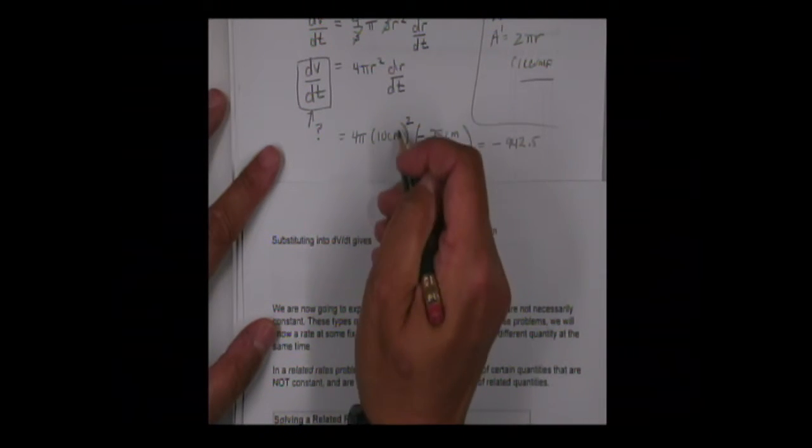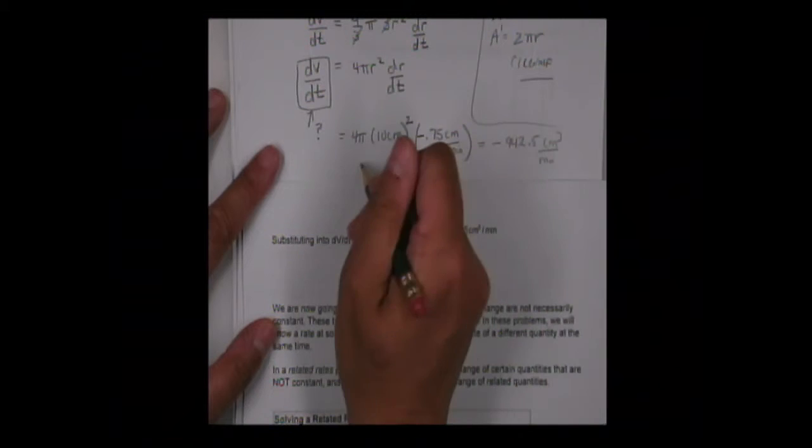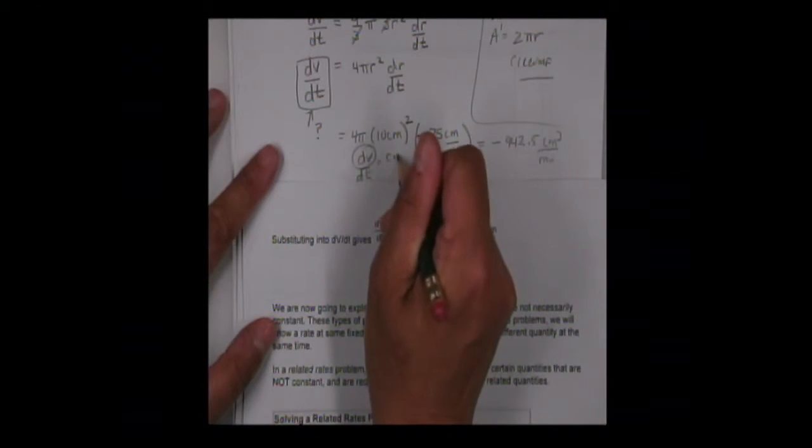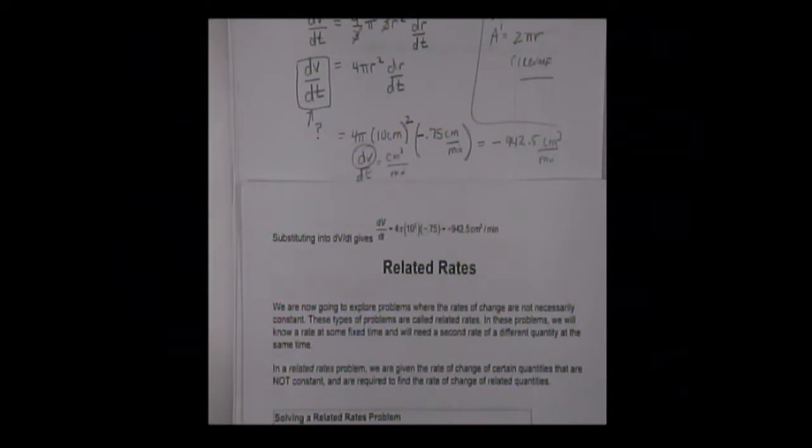This is going to give me a centimeter squared and a centimeter, so that gives me centimeters cubed per minute, which makes sense because I want dV dt, and volume units should be centimeters cubed, and time units are minutes. So I always check my units just to make sure, because if my units are correct, then more than likely I'm in pretty good shape.